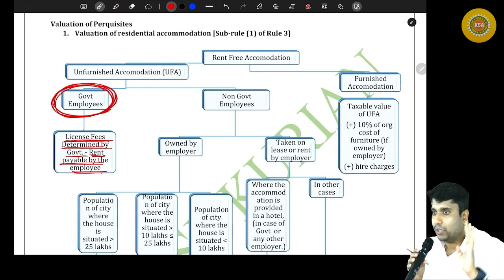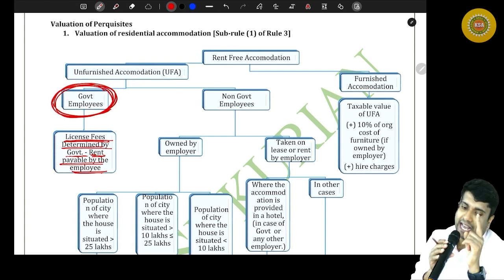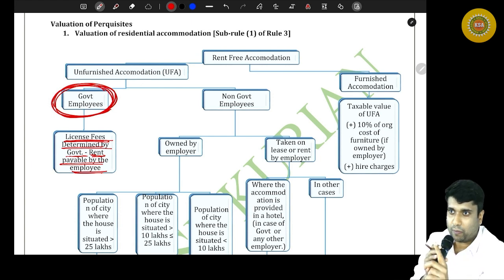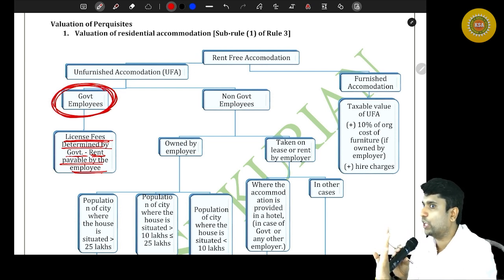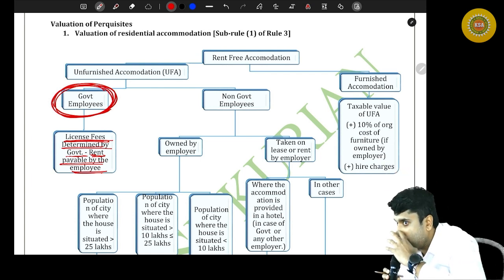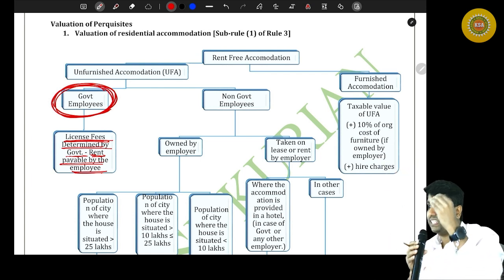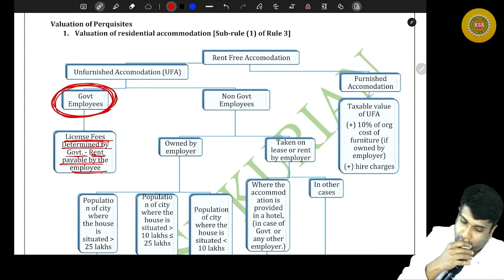If the license fee of a property is 1 lakh and the rent paid by the employee is 1,10,000, you are not getting any benefit because you are paying more than the annual value. Hence nothing shall be taxable and you cannot claim that 10,000 as a deduction. The question is whether it is taxable. The answer is no.